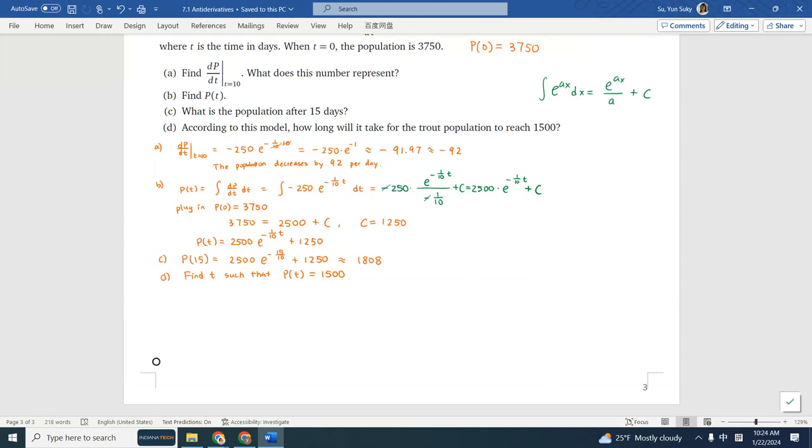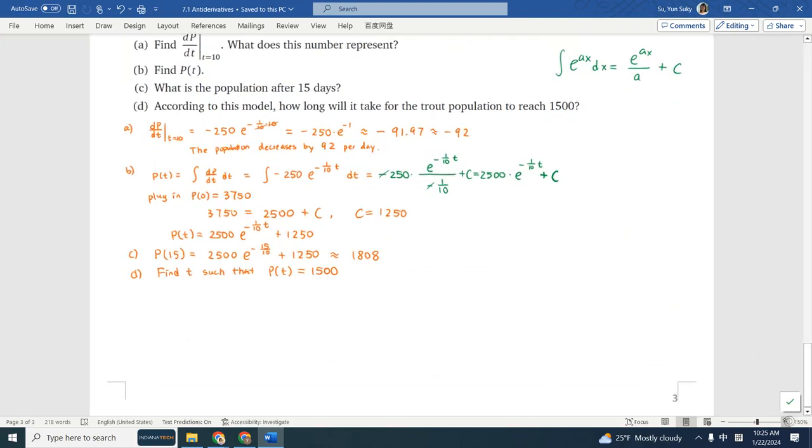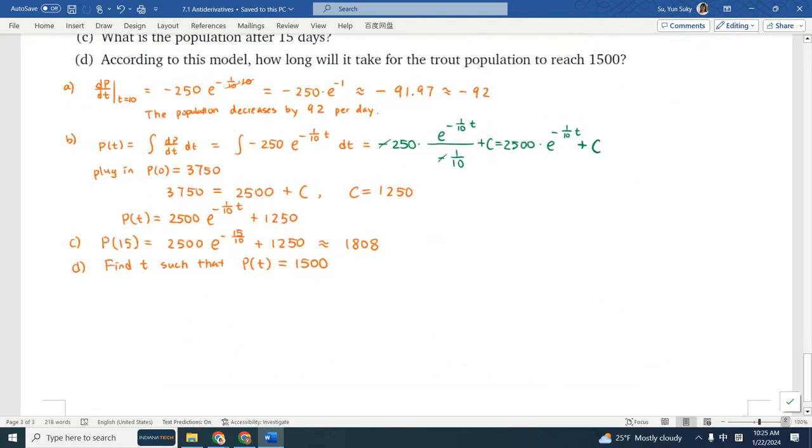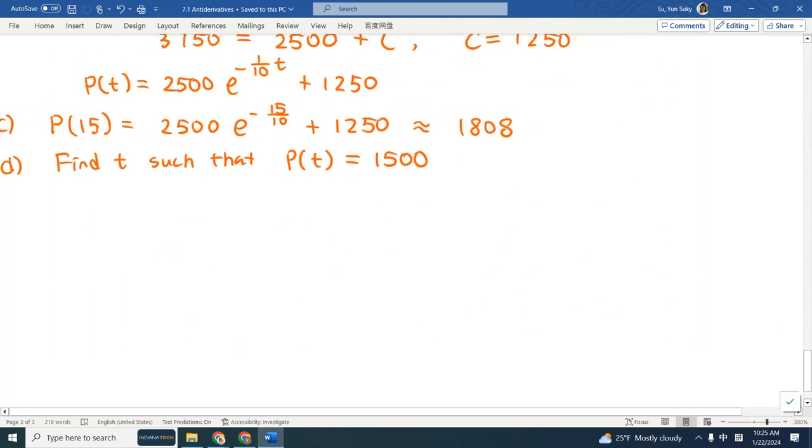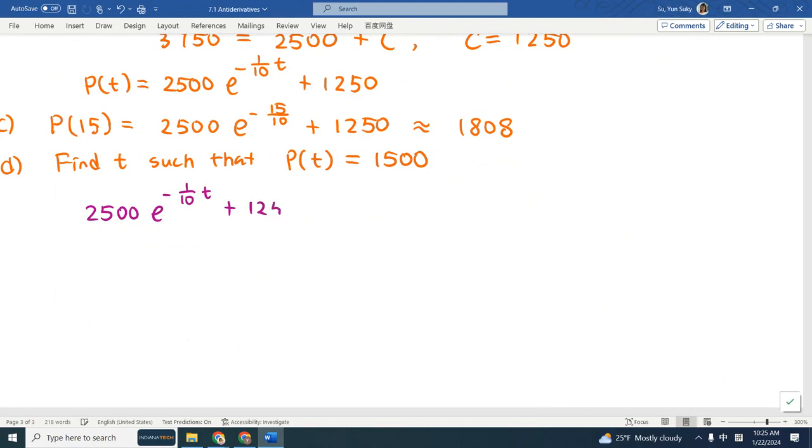We want to set this equal to 1500 and solve for t. So P of t, 2500 e to the negative 1 over 10t plus 1250, set equal to 1500. Our goal is to solve for t.